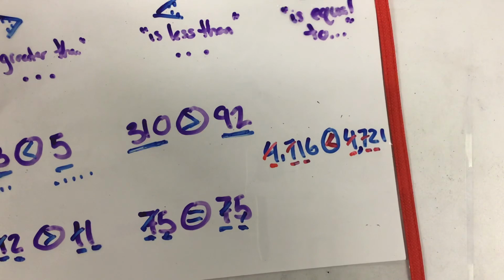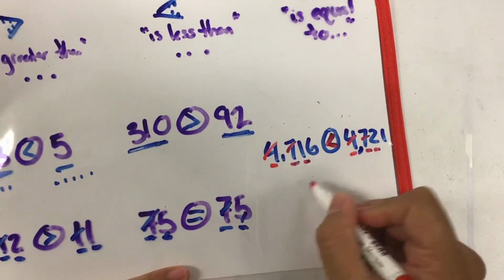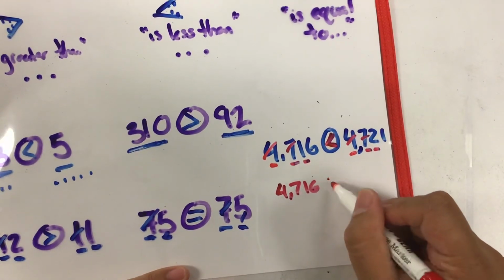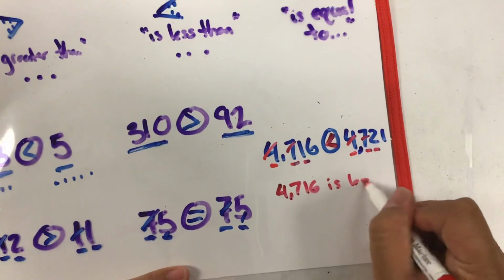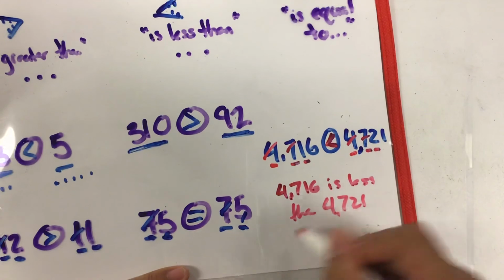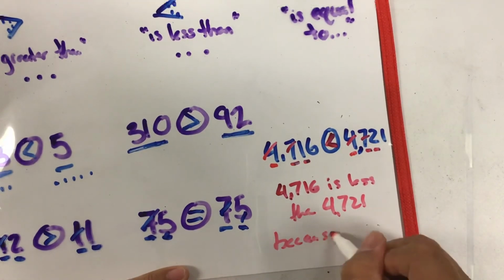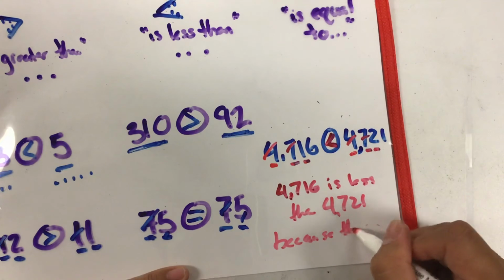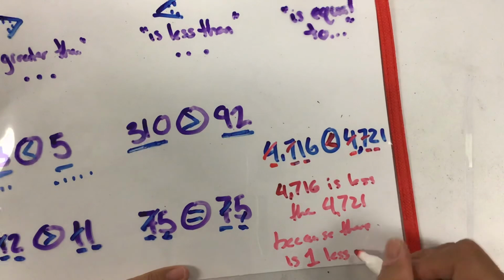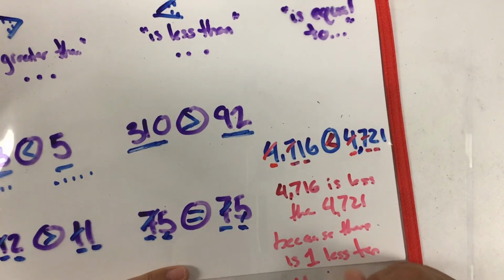And if I'm going to explain my work so I can get a better answer or a better score, I would say that 4,716 is less than 4,721 because there is one less 10 than 4,721.